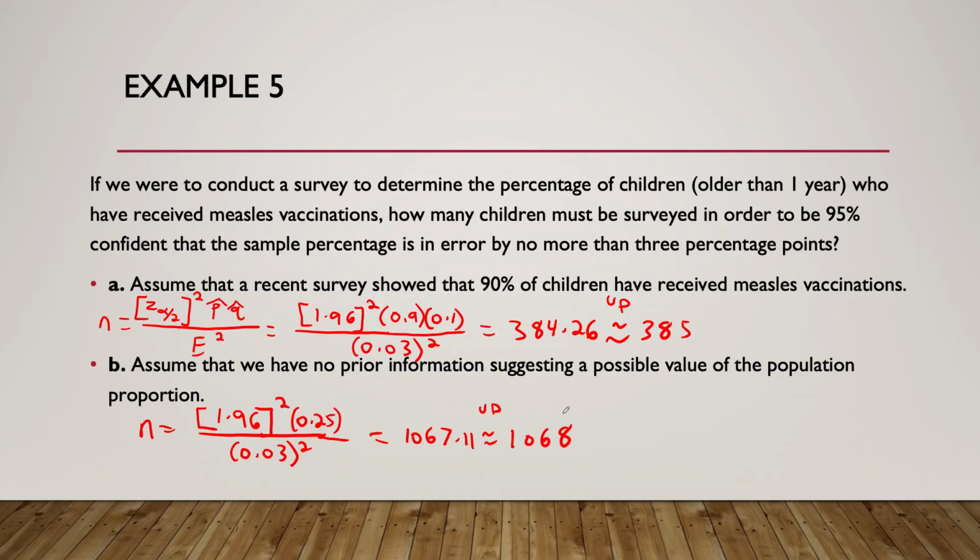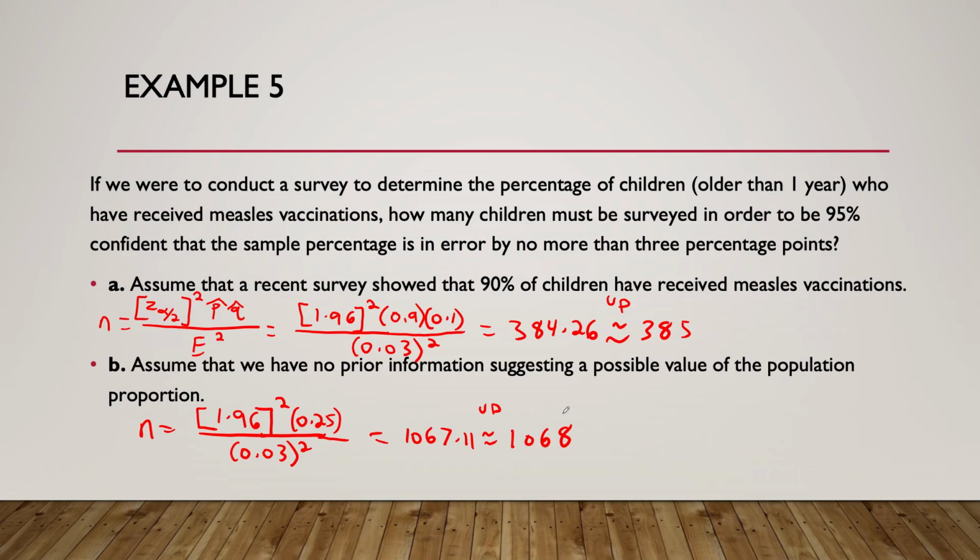So, for example, if we were to conduct a survey to determine the percentage of children older than 1 year who have received measles vaccinations, how many children must be surveyed in order to be 95% confident that the sample percentage is in error by no more than 3 percentage points?